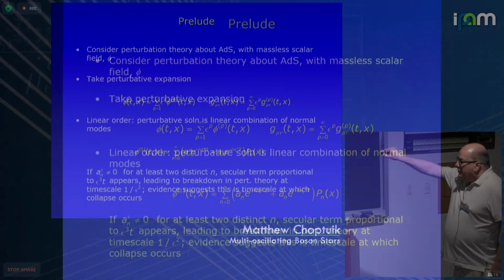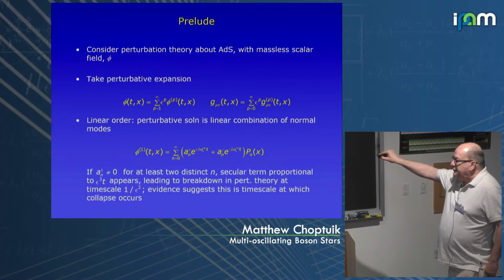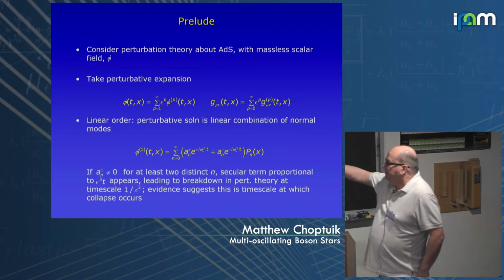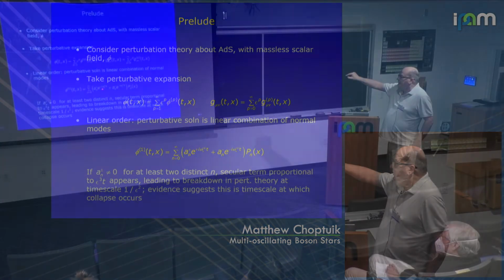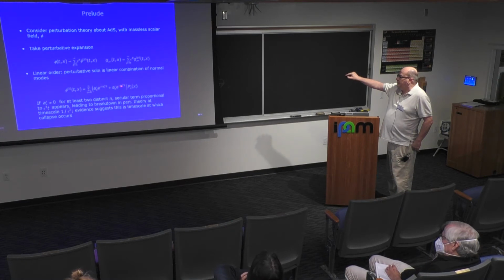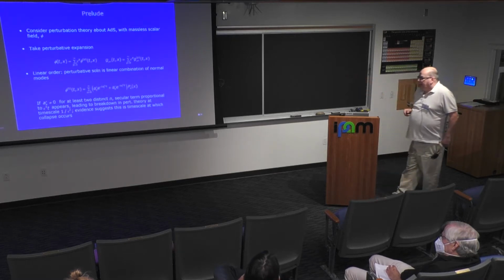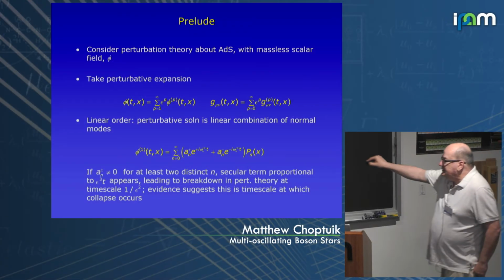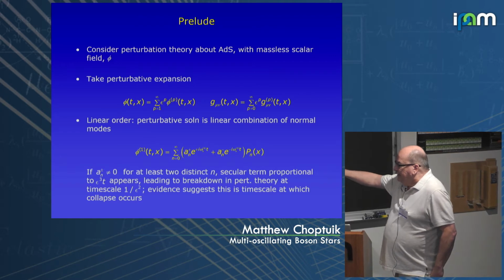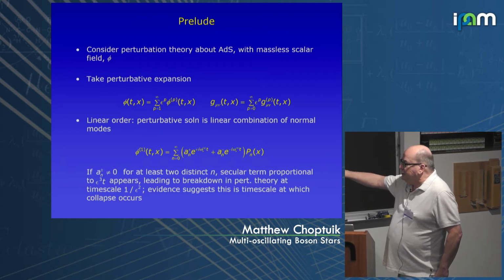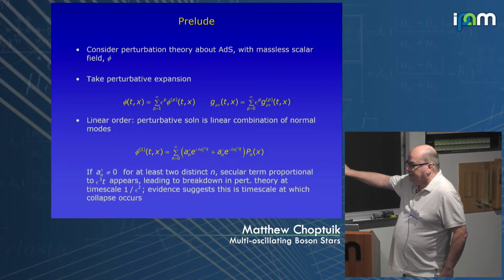So at linear order, the perturbative solution is going to be some linear combination of normal modes, which I've written down here. So the 1 denotes the linear order, and I've got e to the i omega t and e to the minus i omega t here, with coefficients a_n plus and a_n minus, and then some orthonormal polynomials p_n of x. And it turns out that if a_n plus and minus is nonzero for at least two distinct n, then you end up getting a secular term which goes like epsilon cubed times t.